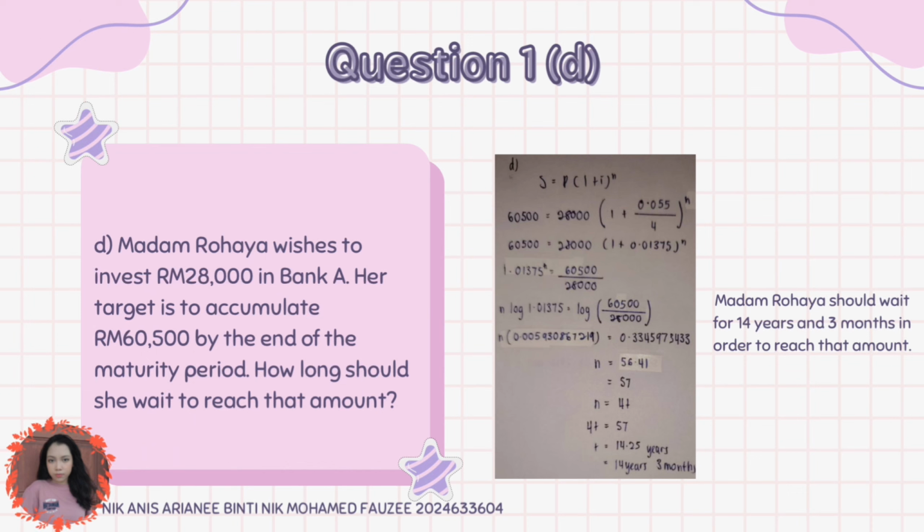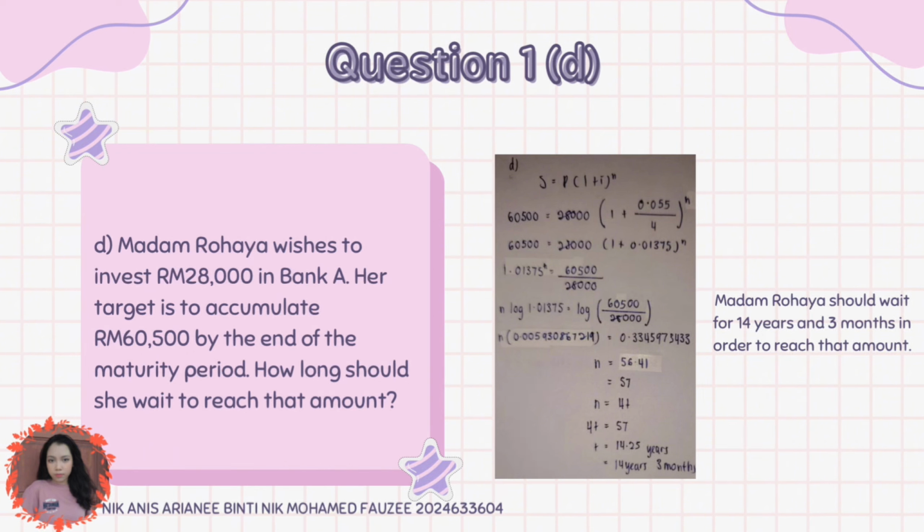And then the number inside the bracket must be moved to the left side, which is 1.01375 the power of n equal 60,500 over 28,000. To calculate, we need to take log, so n log 1.01375 equal log open bracket 60,500 over 28,000 close bracket.